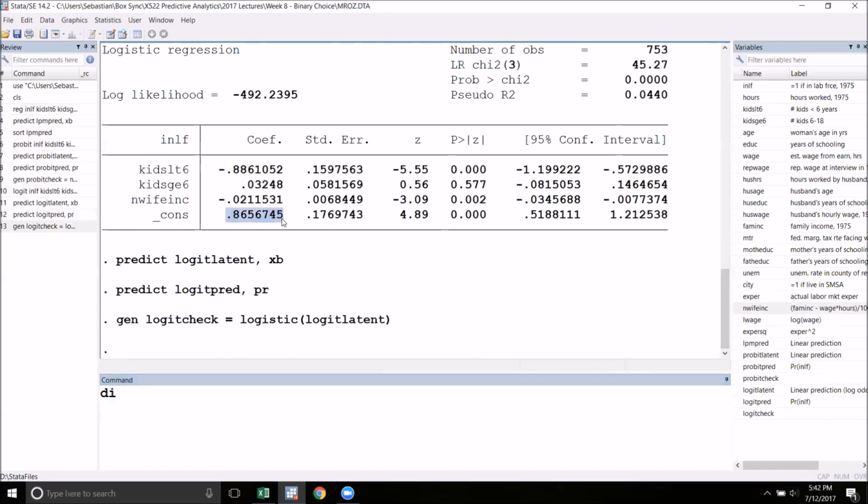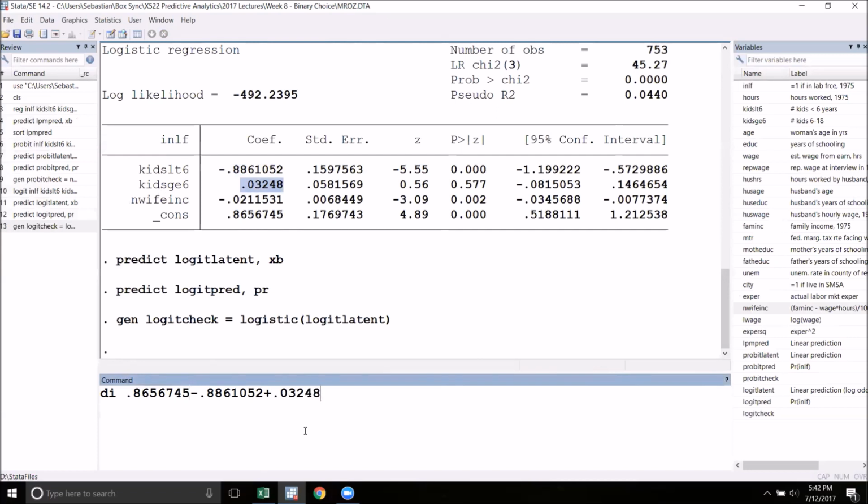The current prediction for the latent variable will be, we'll first take the constant. Now, if we already have one child under 6, we will take this coefficient and multiply by 1. If we have one kid over 6, we'll take this coefficient, multiply that by 1, and add that on.